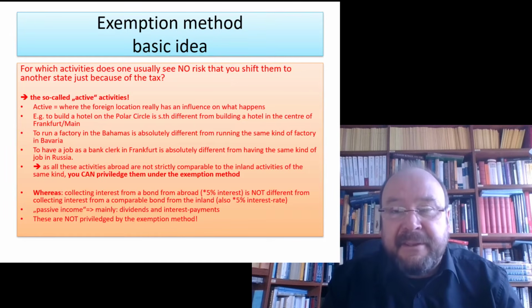The same with income from employment. If somebody says you can take up a job in the Principality of Liechtenstein, there is a very low tax rate. I believe 25% approximately is the highest which you can ever pay there. On the other hand, you will have other questions combined with that offer. How high or low is the gross wage there? How high or low are the costs of living?